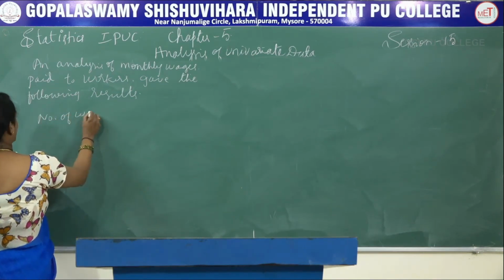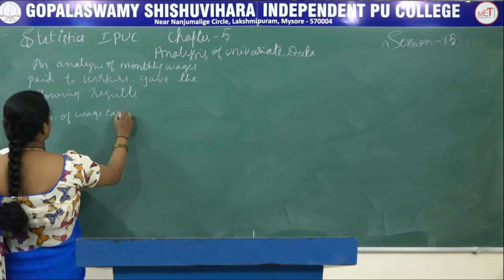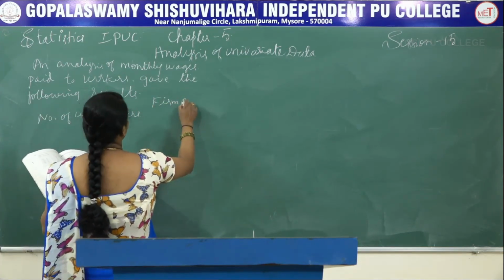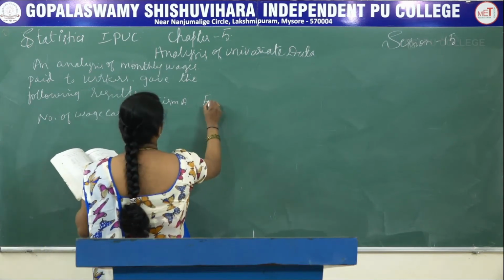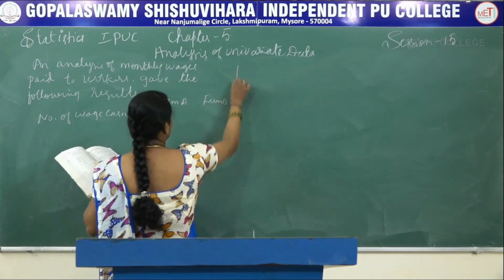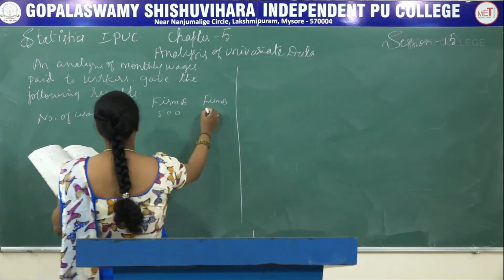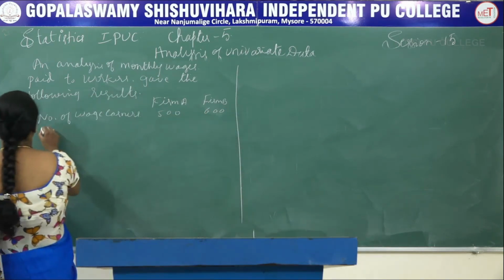Number of wage earners: firm A 500, firm B 600.